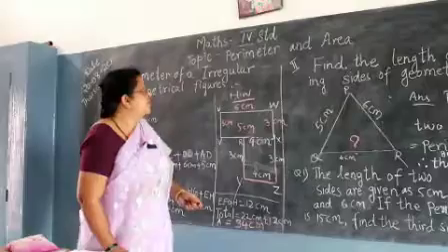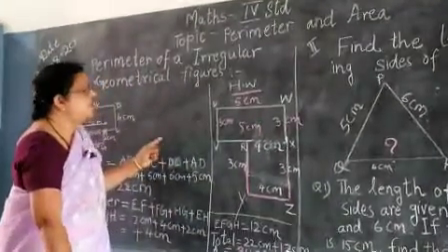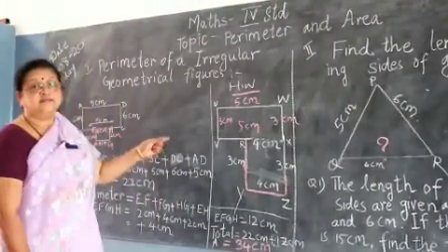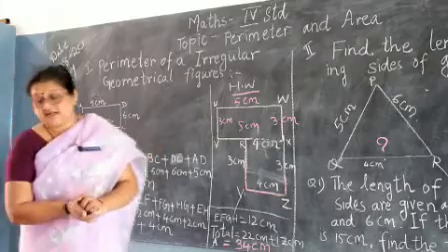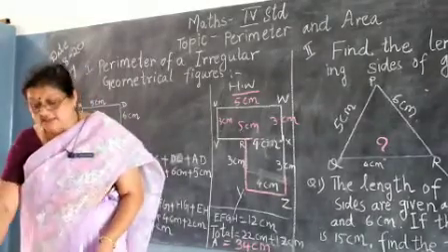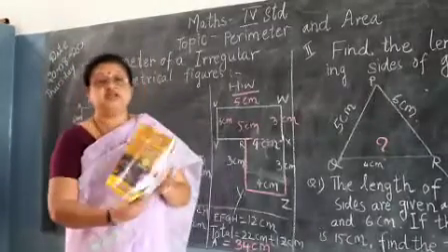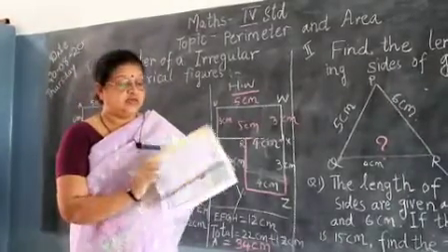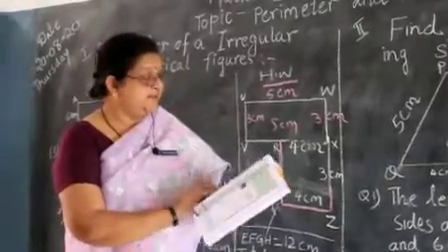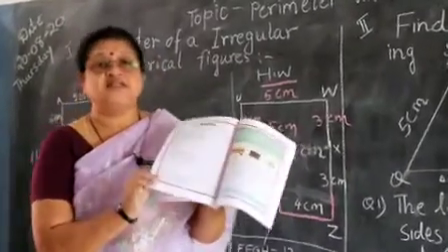Okay, and I'm sure you have understood how to find an irregular figure and how to find the third side. With this we will be completing your first chapter. Now in your textbook, children, this is your textbook. You have a little exercise the same way. See, this is page number 6.